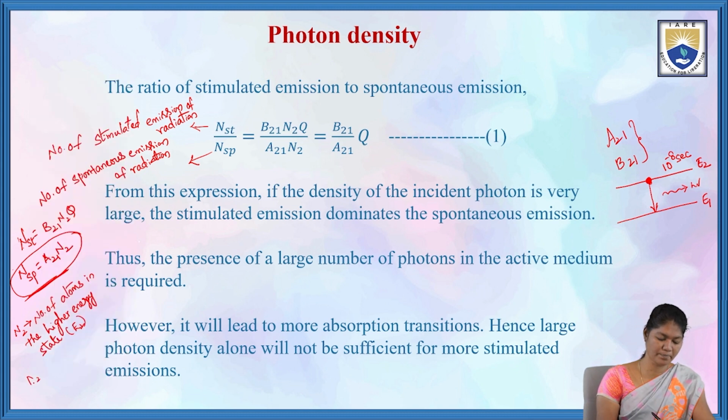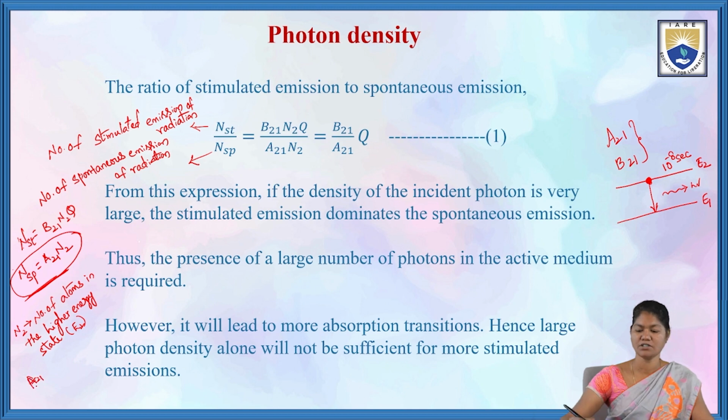A21 means the transition comes from higher energy state E2 to E1 state.